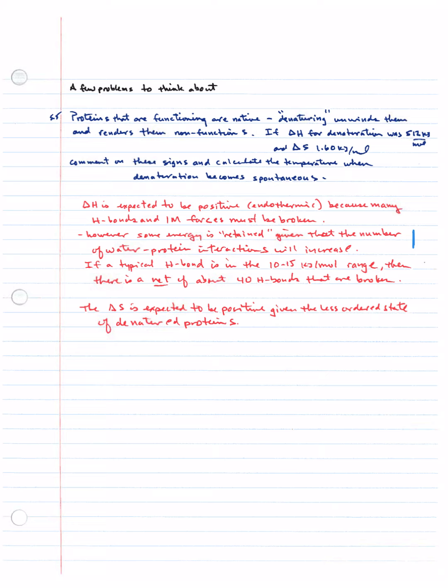However, as a net, if a typical hydrogen bond is in the 10 to 15 kilojoules per mole range, then there's a net of about 40 equivalent H bonds that are broken in the denaturation. The delta S is positive. That's expected given the less ordered state of a denatured protein flopping around.